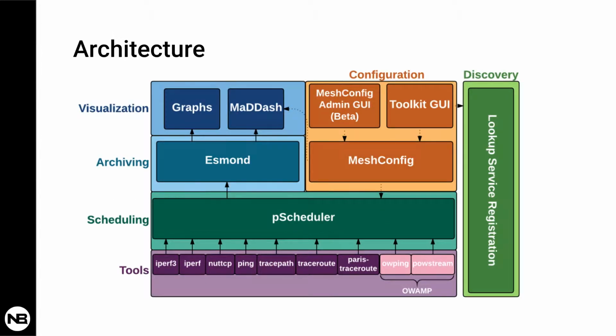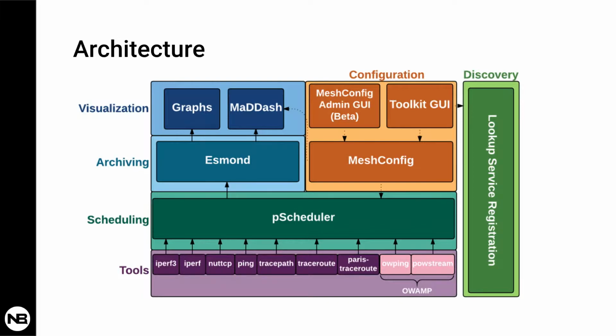The architecture: perfSONAR is installed on a Linux operating system, so it can run on Ubuntu, Debian, Red Hat, and so on. And it's very interesting the way they developed the architecture of perfSONAR. You can see it's organized in layers, where at the bottom you see the tools layer. So here's where you find throughput tests such as iPerf3, iPerf, and nuttcp.